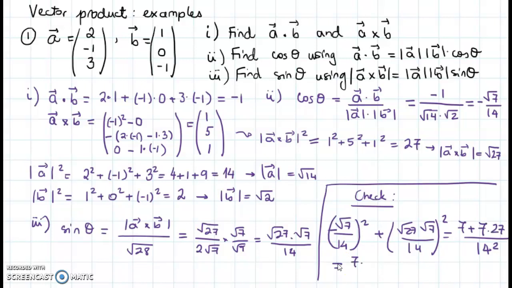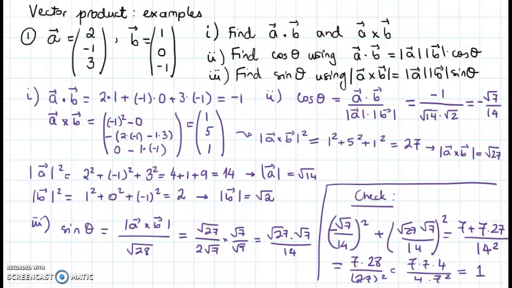This is 7 times 28 over 2 times 7 squared, and this is actually 7 times 7 times 4 over 4 times 7 squared, and this is equal to 1 as we wished to check.